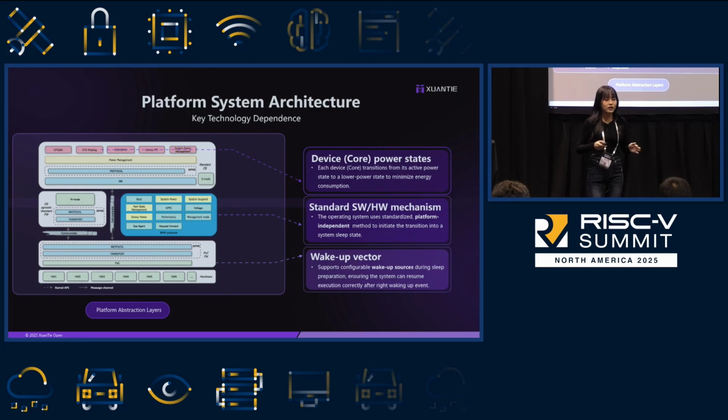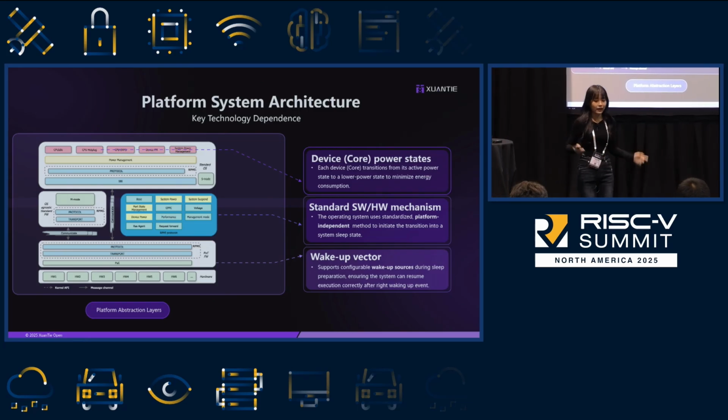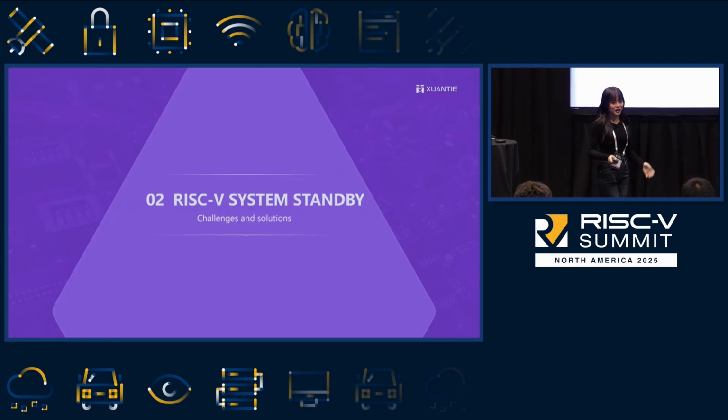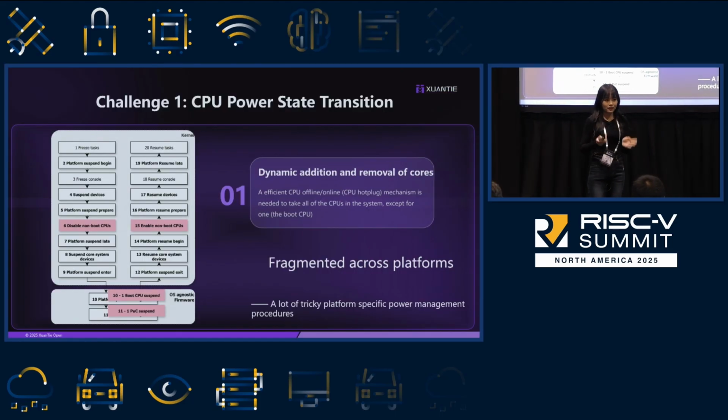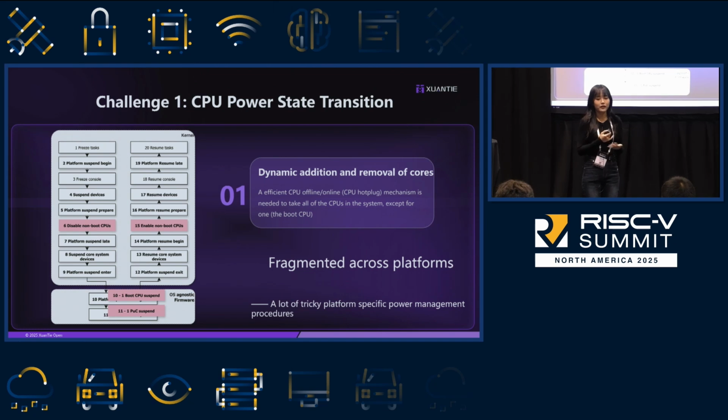So you can see on the left-hand side, we already have a well-defined software framework. So what is left? What's holding us back? Here are the challenges that we have addressed to make RISC-V system standby perform better. Remember the story I just told you, with 3 characters: system controller, non-boot core, and boot core. First I will go through the non-boot core.